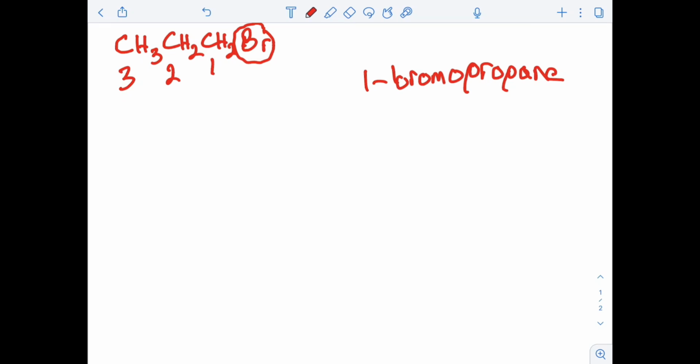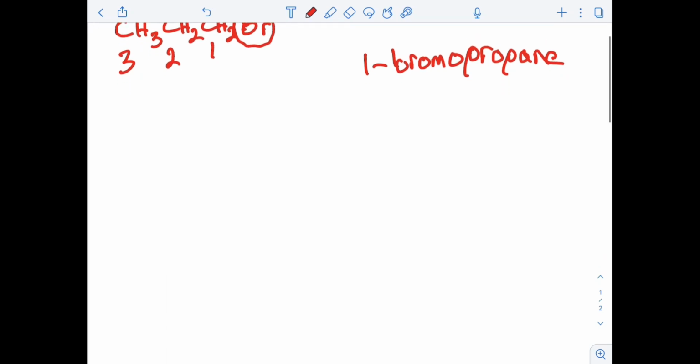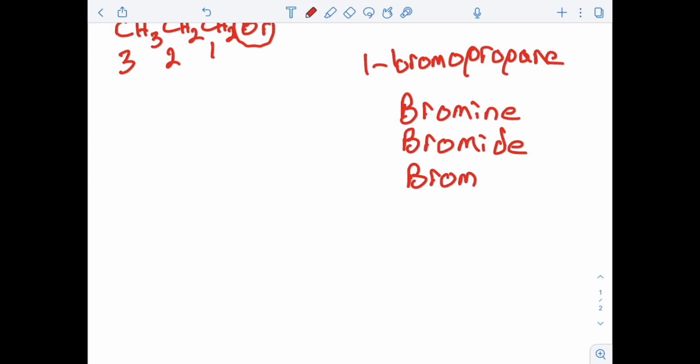And a quick note, that Br group is really a bromine. It's called bromine if it's existing by itself. But as soon as you connect it to a compound, it's called bromide. And for nomenclature purposes, we call that a bromo.